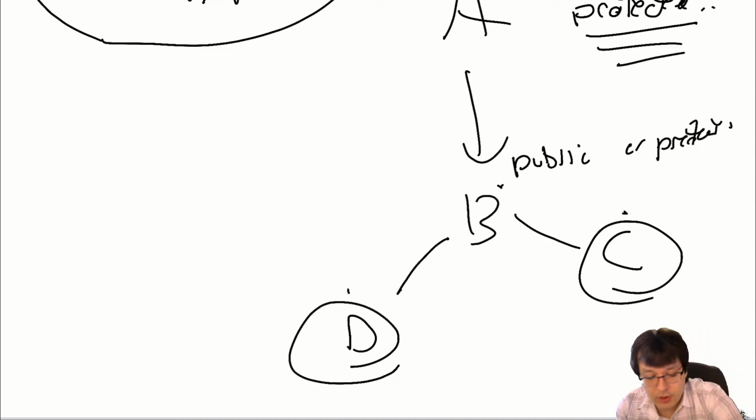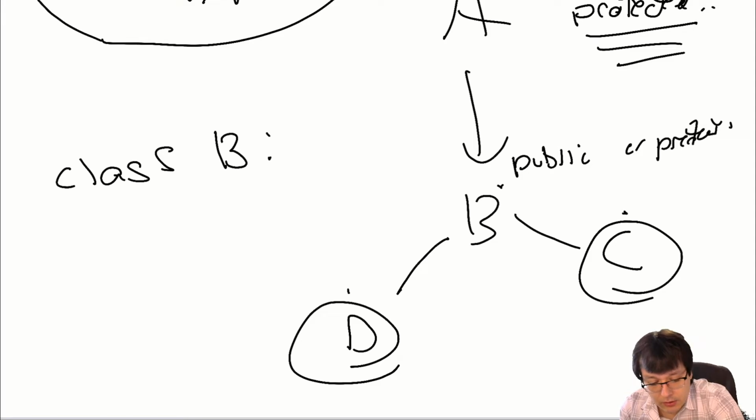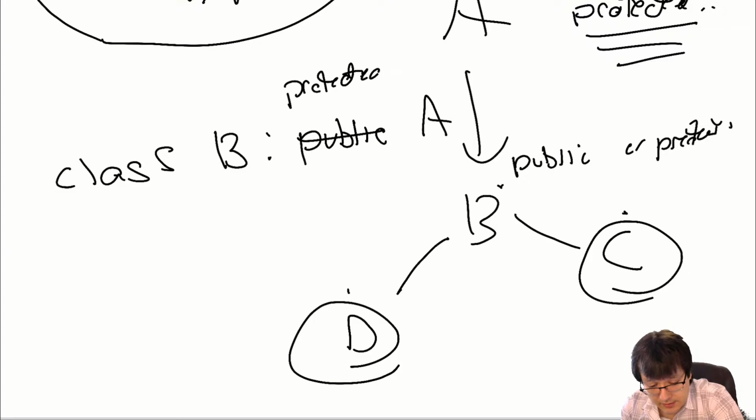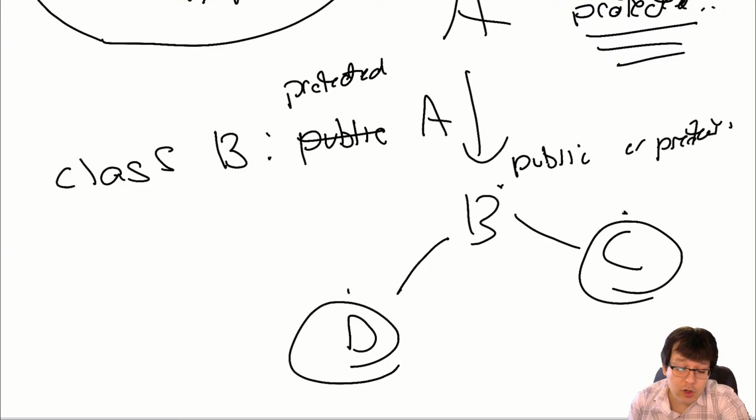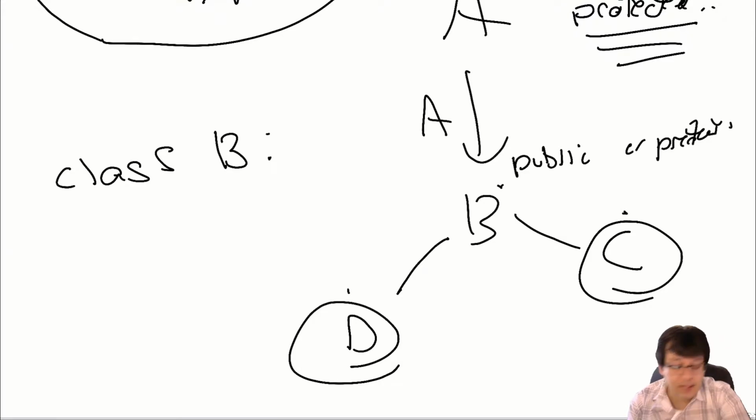So when you're doing your class B declaration, you would say class B colon, and then you have to put either public here, and then A, or protected. If you don't put anything here, it'll default to private, and then you will be in trouble. So I believe that's basically the way it works.